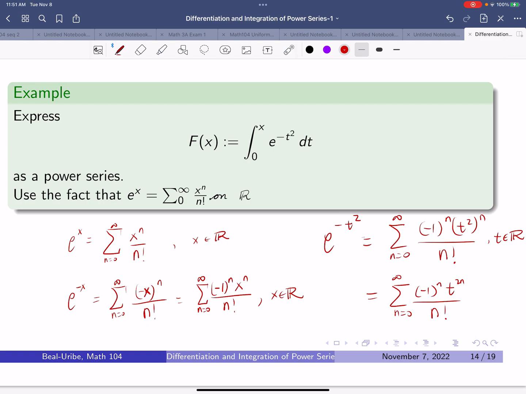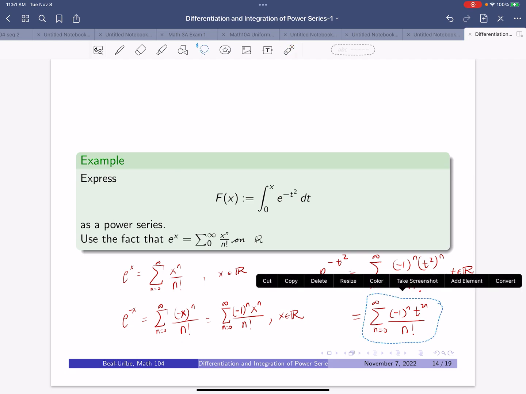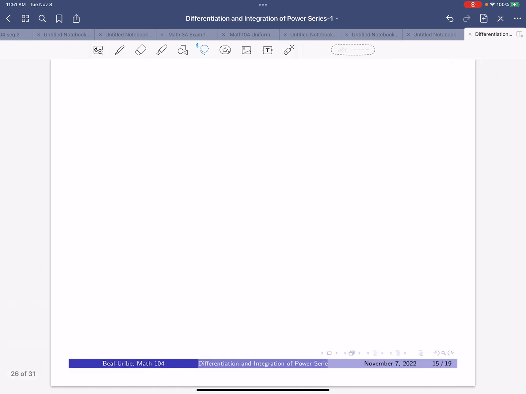Okay? And so now I'm going to do the term by term integration to compute the integral from 0 to x of this series. Okay? Let me copy this because I'm not going to remember it. So I'll say here, f of x is the integral from 0 to x of e to the minus t squared dt.